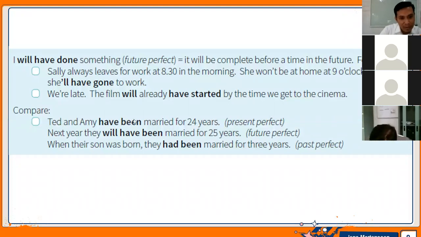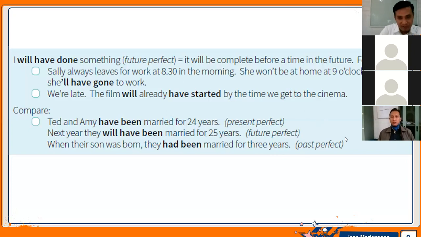Ted and Amy have been married for 24 years. It means now. Yeah. Dia sudah menikah selama 24 tahun. So what will happen next year? Yeah. Next year they will have been married for 25 years. Future perfect tense. Okay, when their son was born, they had been married for 3 years.